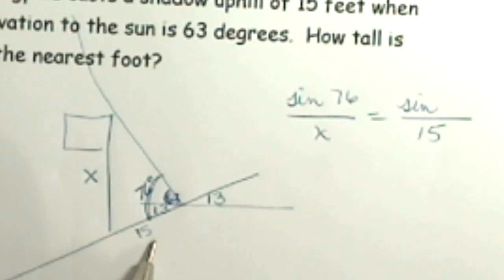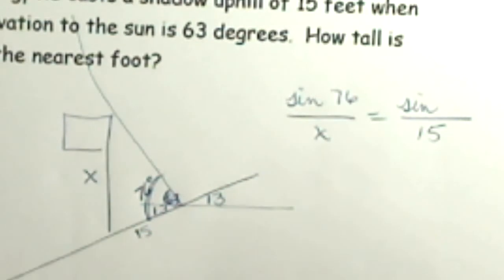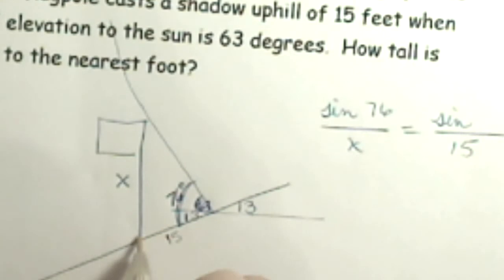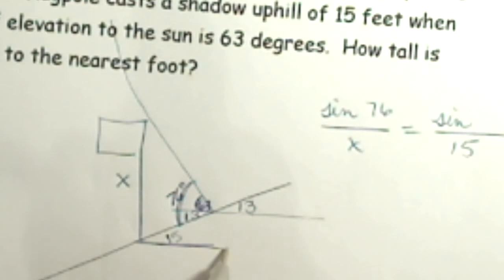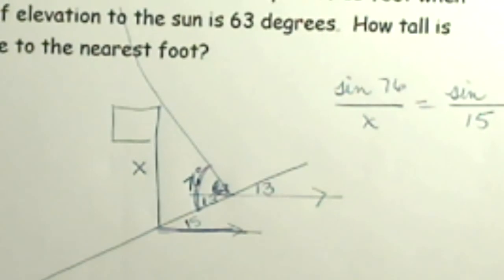So once again, it comes down to working around and finding the measure of this angle in our triangle. So if I draw another horizontal line, those horizontal lines at the beginning and end of the shadow are very helpful.